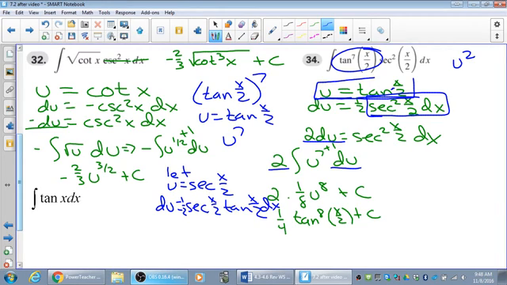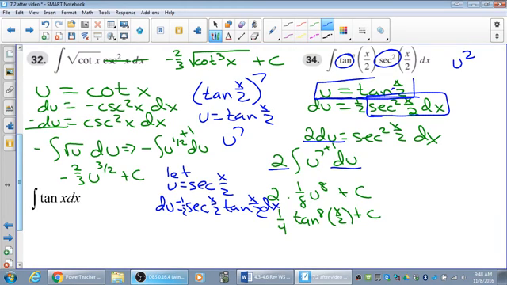How am I going to get a tangent to the 7th out of that? That would be the problem. Now, what I do see when I look at this is a function and its derivative. I see a function that is tangent, and I see a derivative of that tangent being secant squared. So that's what I'm going to play around with. That's why we don't pick secant. I don't see the derivative of secant there.